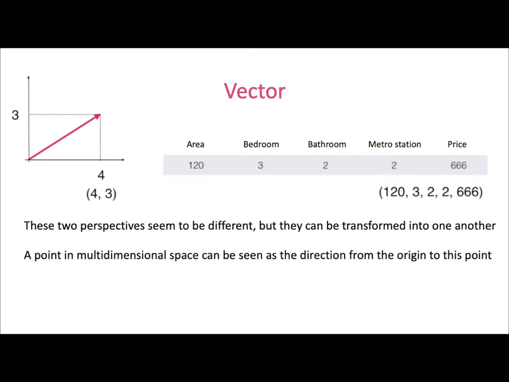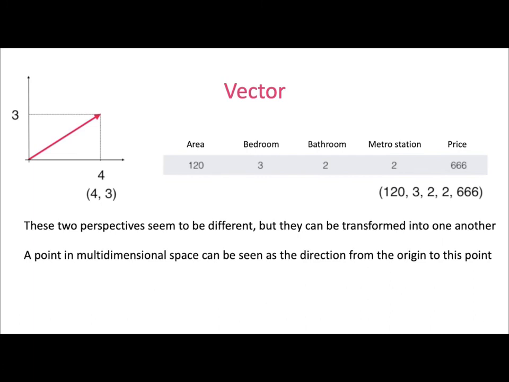In other words, you can imagine that for these 5-dimensional vectors, there is a space with 5 axes, and the starting and the ending point of each axis can be from negative infinity to positive infinity, and any values can be taken between them.